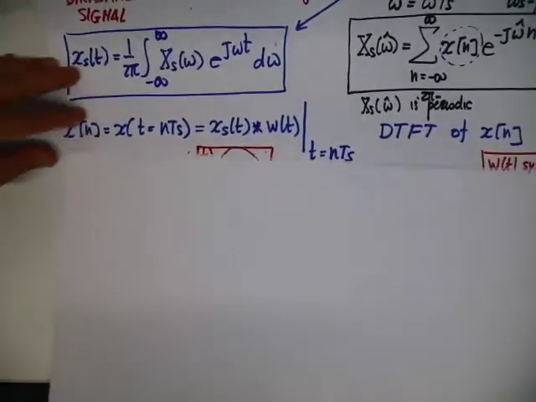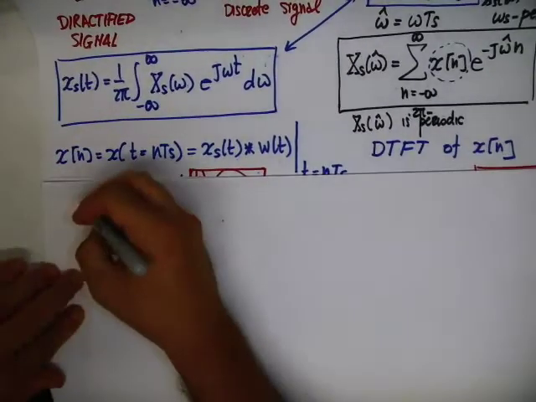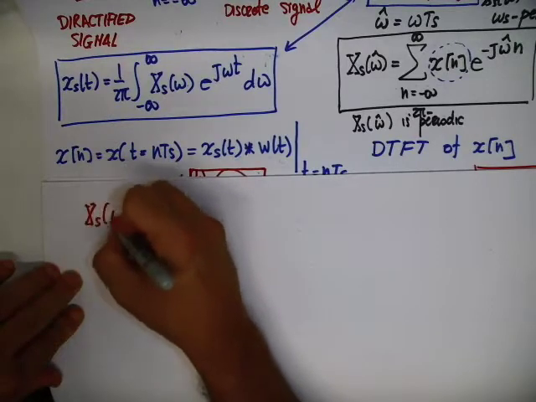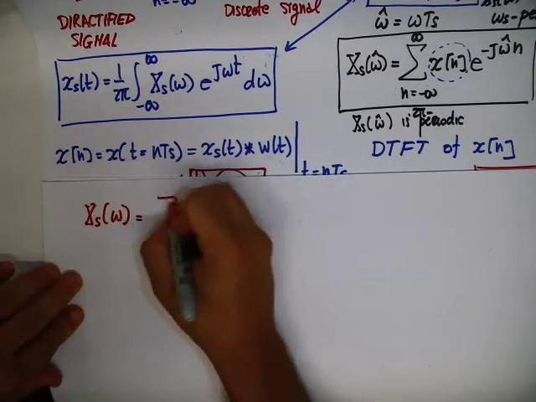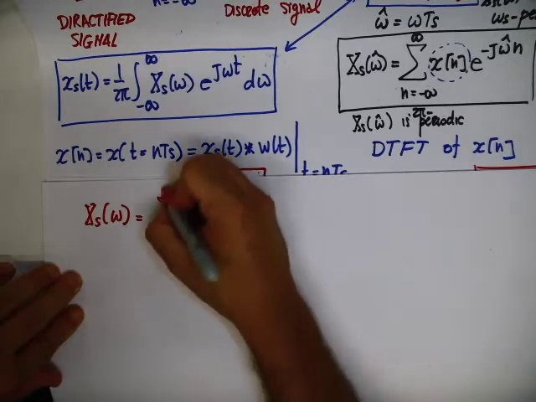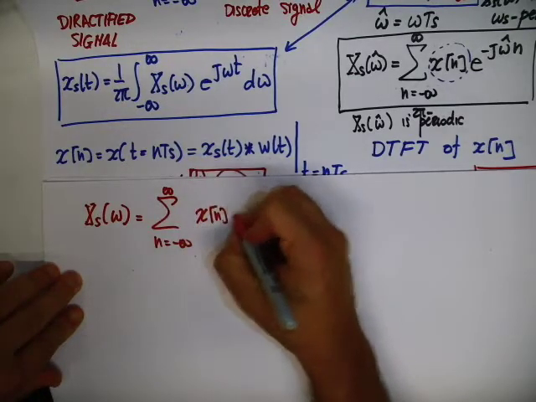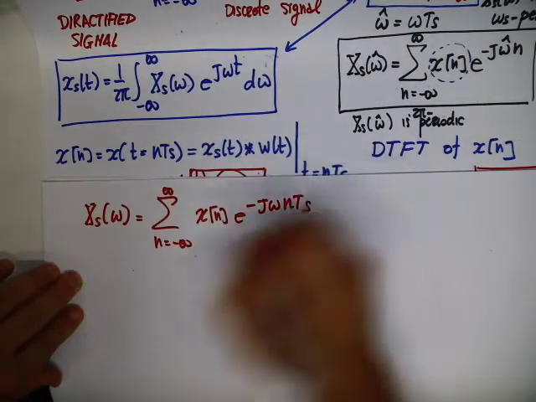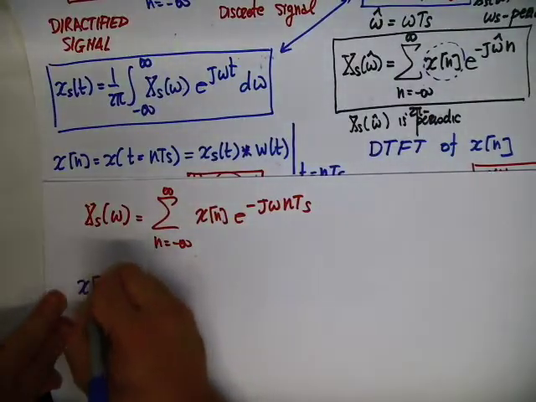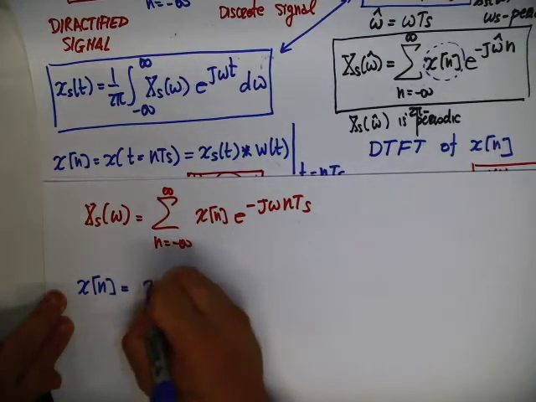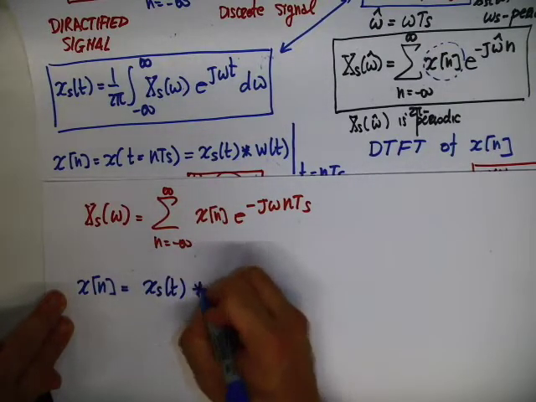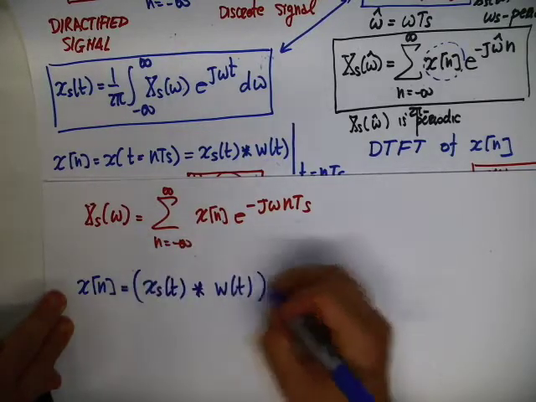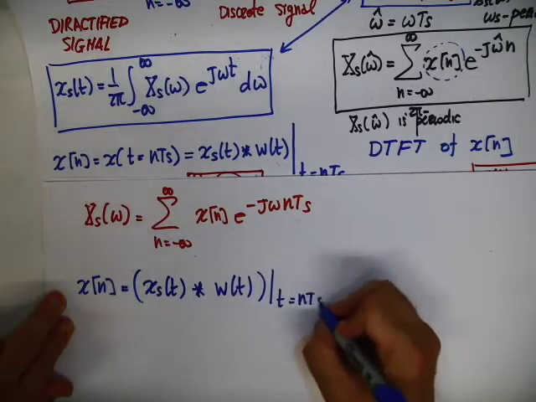So if I have the original Fourier transform of the Diractified signal, then x n, the discrete signal, is equal to the convolution between the Diractified signal and the window, computed at t equal nTs.